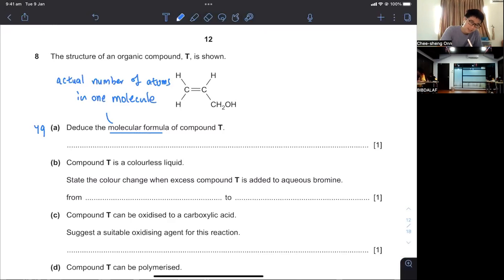So what happened then is, this is one molecule. Count the atoms. 1, 2, and 3 carbons. Count the hydrogen. 1, 2, 3, 4, 5, 6 hydrogens. And there is 1 oxygen. Can you simplify it any further? No. So the molecular formula is this, but the empirical formula is also this because you cannot simplify it any further. Okay, quite an easy, nice start to the question.